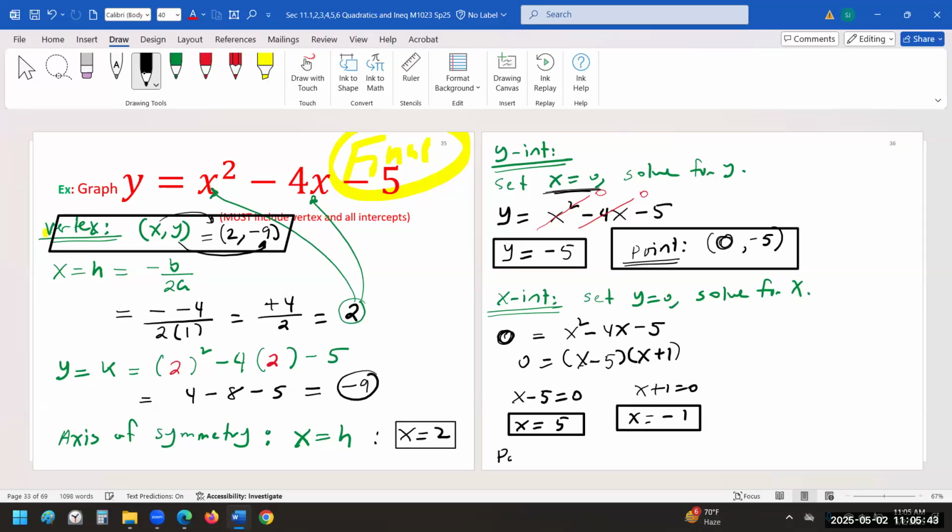But again, they prefer points. So how do you write x equals 5 in point format? Five, 0 and negative 1, 0.